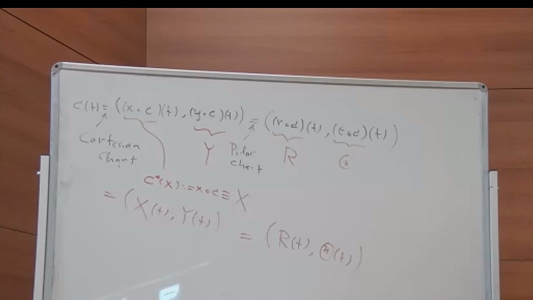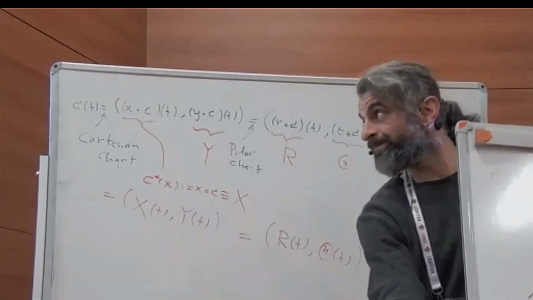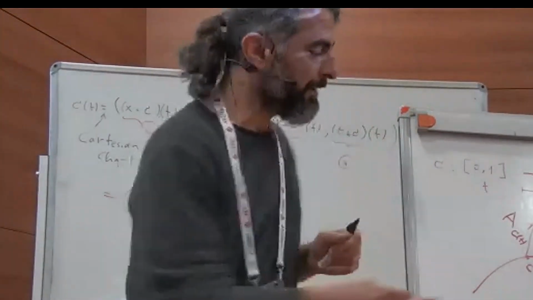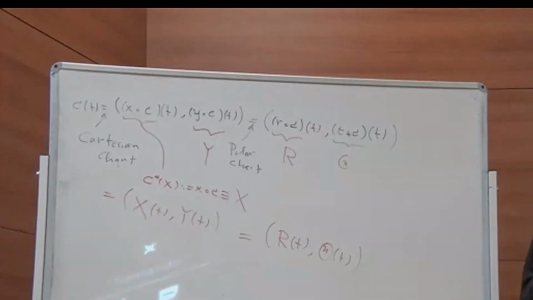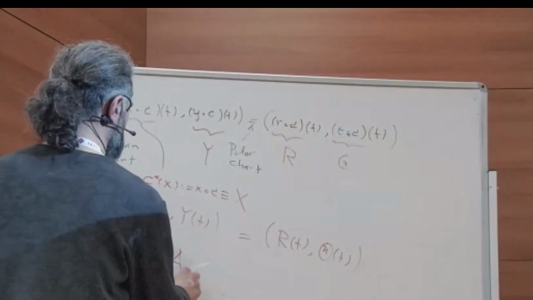The tangent is c dot of t, and this is the acceleration. This is the acceleration vector, and this is defined by the equation.